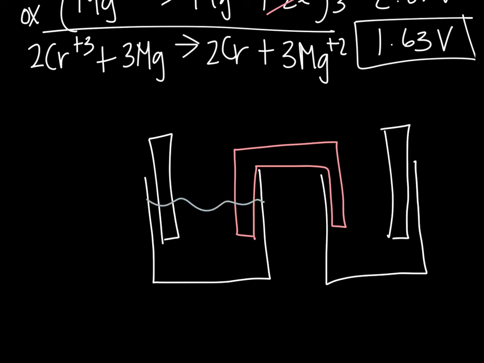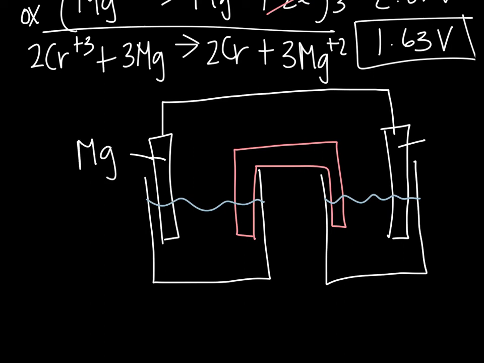Each beaker has a solution, and then these electrodes are connected with the wire. Okay, so now we just label everything. It doesn't matter which one is on which side, just as long as we label it accordingly. So let's do magnesium there, and the chromium on this side. They have to be in their own solution, so magnesium with the +2, and then the chromium is +3, and then X -3.